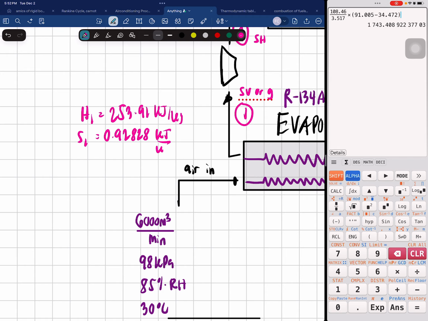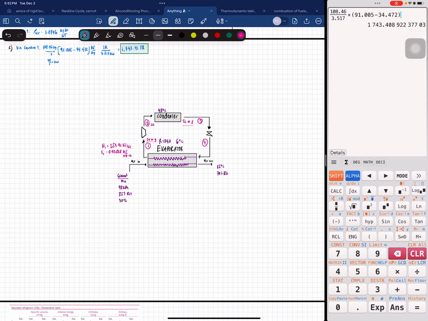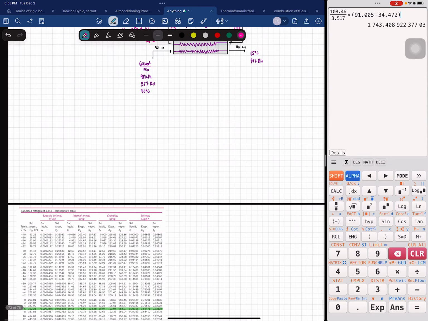Kilojoules per kilogram Kelvin. Okay. For our H2, since again we can say that the entropy going in is the same as the entropy going out, we can say that S2 is 0.92828 kilojoules per kilogram Kelvin, right?